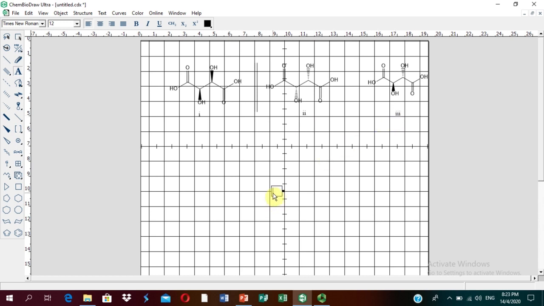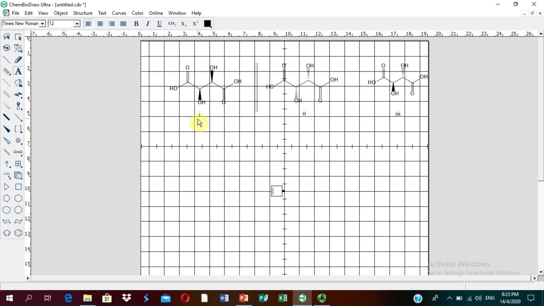Okay, class, these are the 3 stereoisomers of tartaric acid. By definition of diastereoisomer, on the first rule, you must remember that the image is not the mirror image of its object.